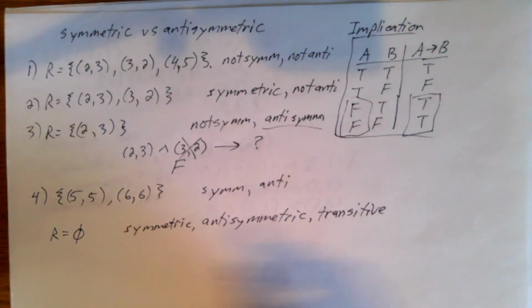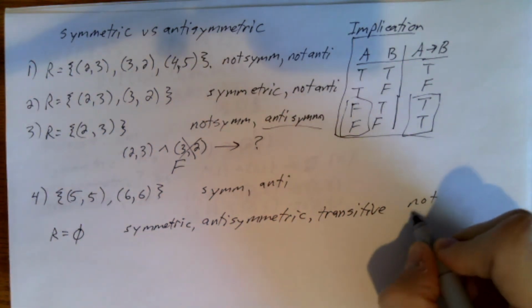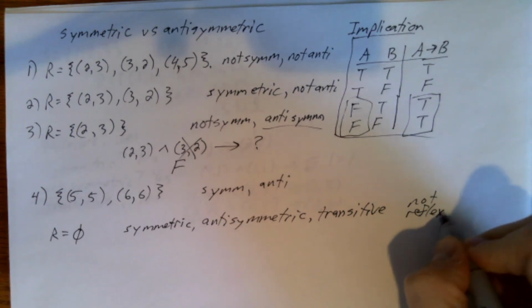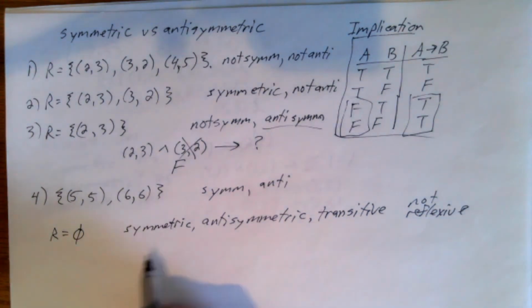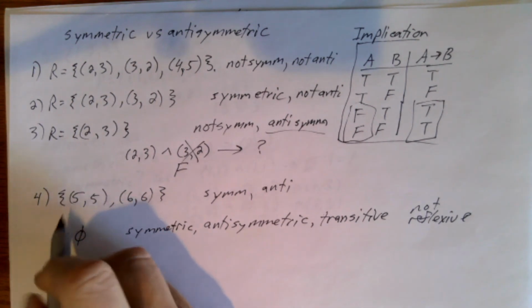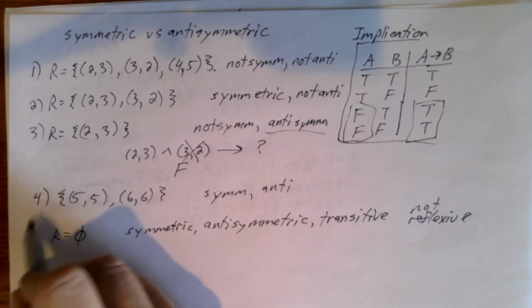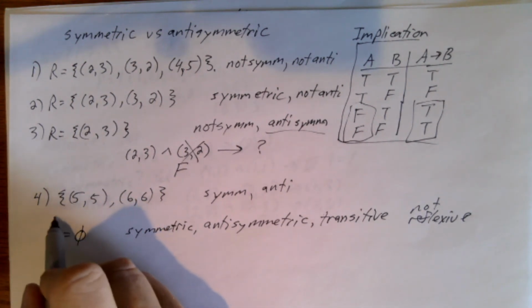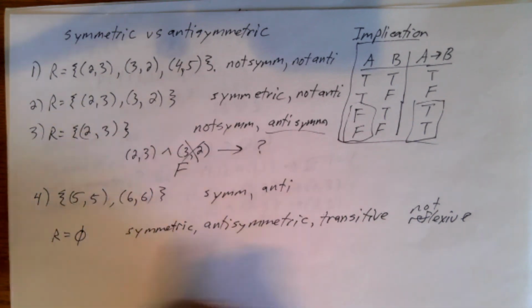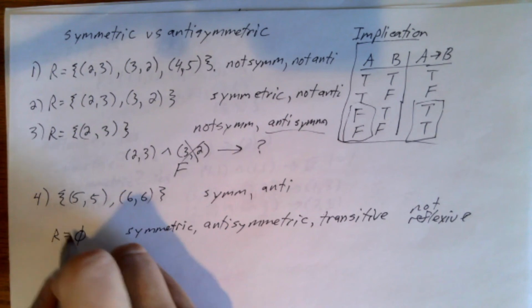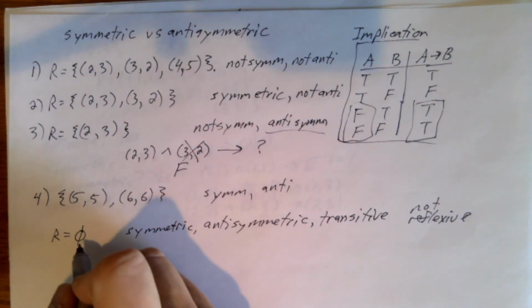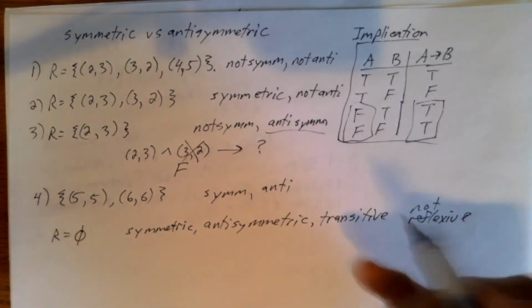It would be all those, but it is not reflexive. Because for being reflexive, the set that we produce the Cartesian products from would have to have all those elements as ordered pairs, right? So 1, 1, 2, 2, those types of things, for whatever it is.